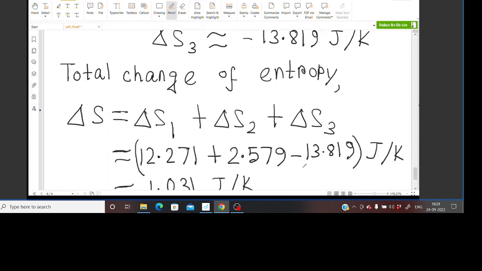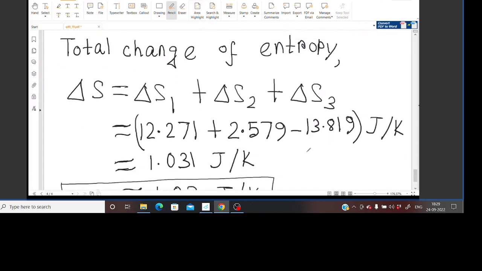So the total change of entropy delta S is equal to delta S1 plus delta S2 plus delta S3. Here delta S1 is equal to 12.271 joule per Kelvin, delta S2 is equal to 2.579 joule per Kelvin and delta S3 is equal to minus 13.819 joule per Kelvin.